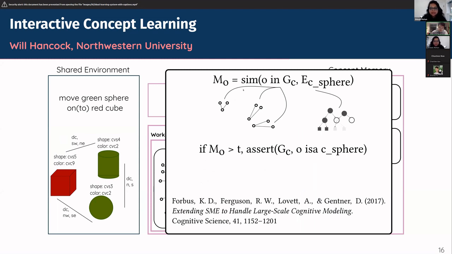And what the underlying structure mapping engine does is that it will compare the graph that corresponds to the experience corresponding to the word sphere. It looks at the subgraph of what it's looking at. It's trying to establish a match, right? It's trying to see how similar these two graphs are. And if that similarity crosses a threshold, then you know that you can assert it, right?